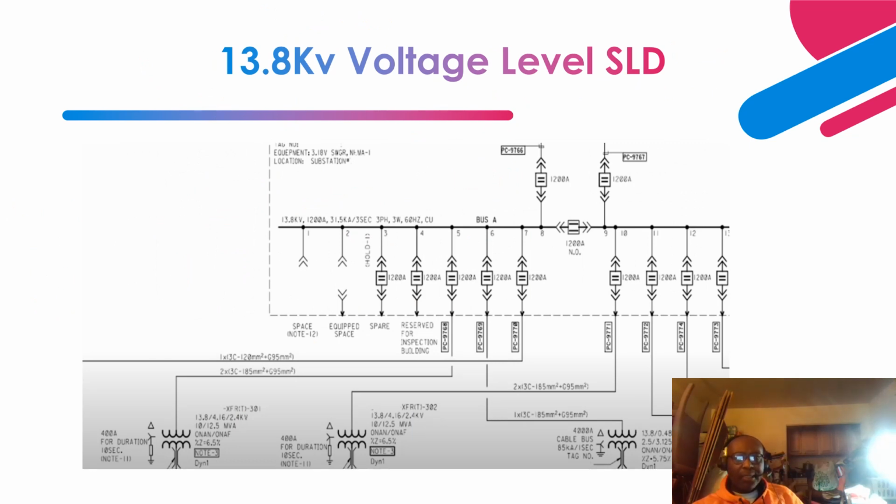Now let's take a look at this 13.8 kV level single line diagram. Like I indicated to you, redundancy is very important, and reliability is very important. As you can see, you have a feed that comes from here, and that can be fed from another medium voltage switchgear, or it can come directly from a step down transformer that steps the voltage, let's say 115 kV to 13.8 kV level.